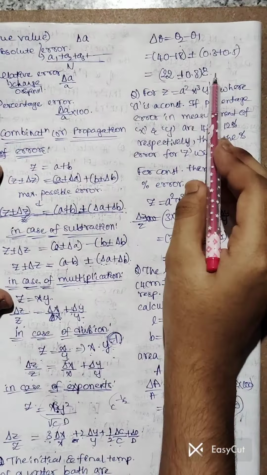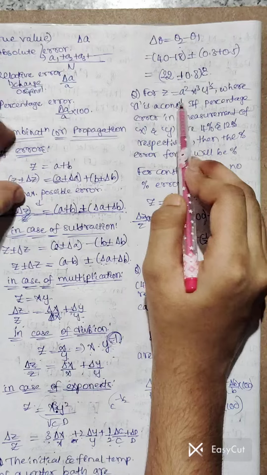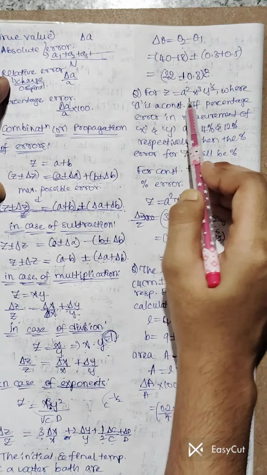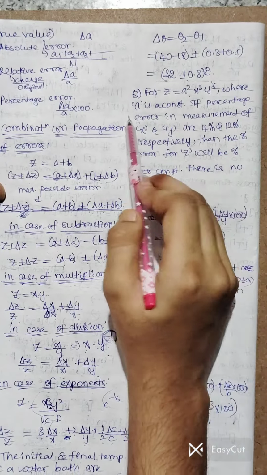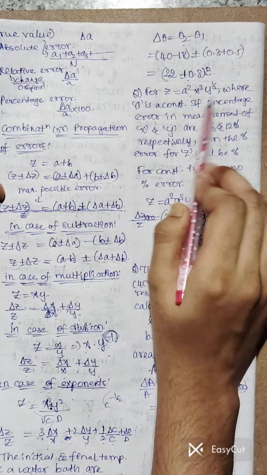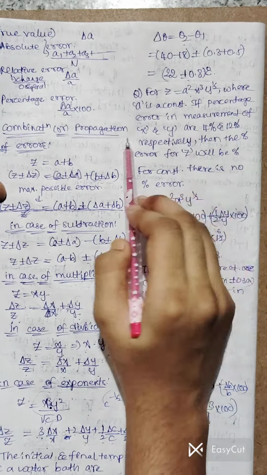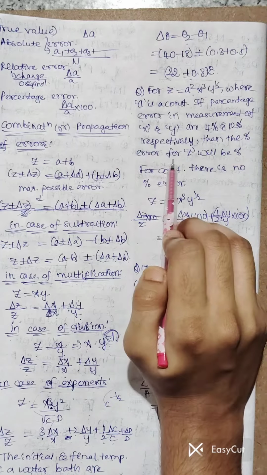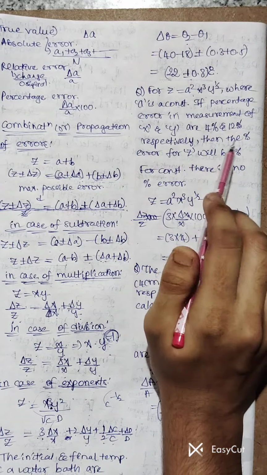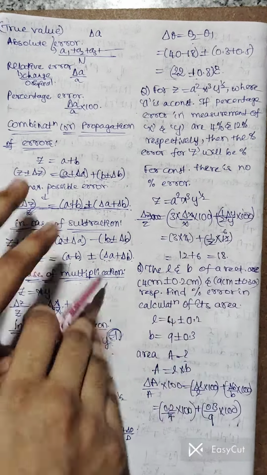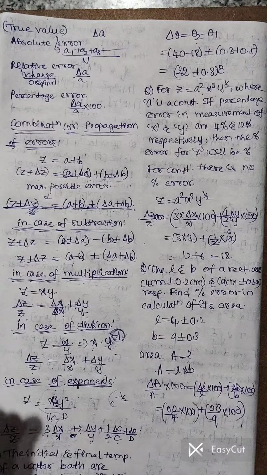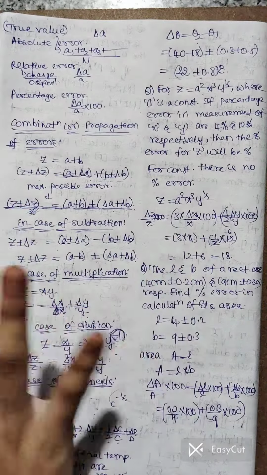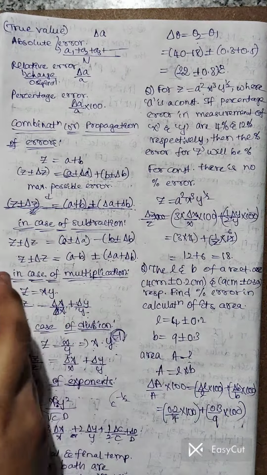And coming to another question, for z is equal to a square x cube y power 1 by 2, where a is a constant, if the percentage errors in measurement of x and y are 4% and 12% respectively, then the percentage error for z will be? You remember one thing, for a constant we cannot calculate this error.